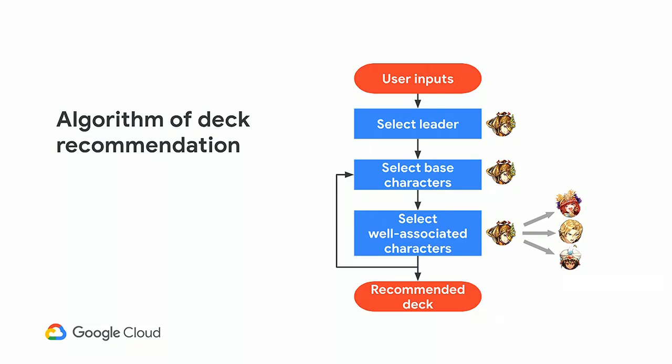This is the outline of the deck recommender algorithm. Firstly, the algorithm receives some inputs from a player, such as the deck archetype, deck cost, the possessed characters, and the characters the player wants to use. Next, the algorithm selects a leader by using the result of association analysis and the statistical data. In this algorithm, the leader character is chosen first, and the next characters are selected based on the leader.